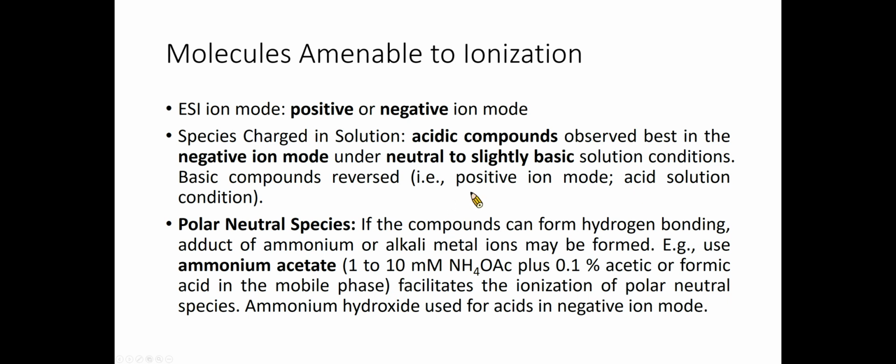On the other hand, basic compounds can easily generate positively charged species in acid solution, and those are observed best in the positive ion mode. For polar neutral species, addition of ammonium acetate can induce the formation of ammonium adduct ions, and those facilitate the ionization.